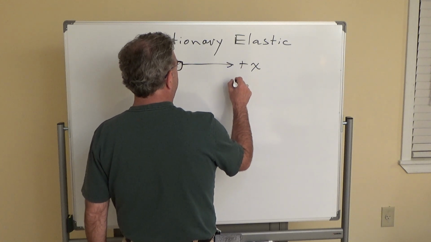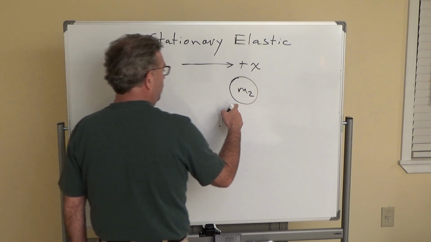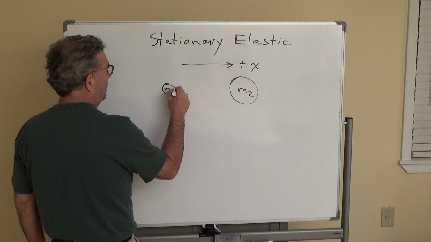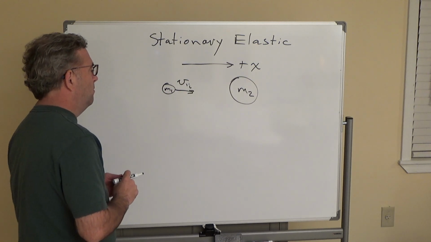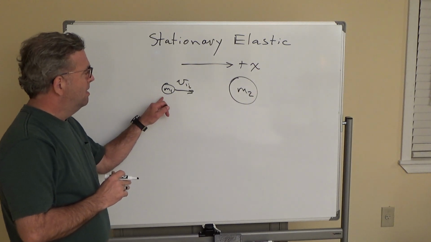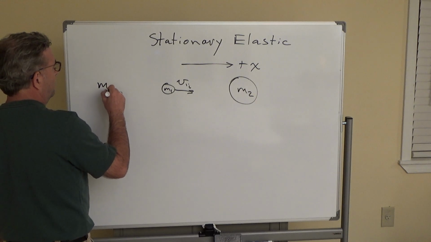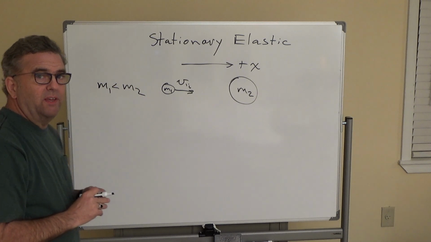So let's look at a case where you've got this would be M2, it's stationary, and here's M1, and this is V1 initial, okay? So let's say that M1 is less than M2. What do you think's going to happen?